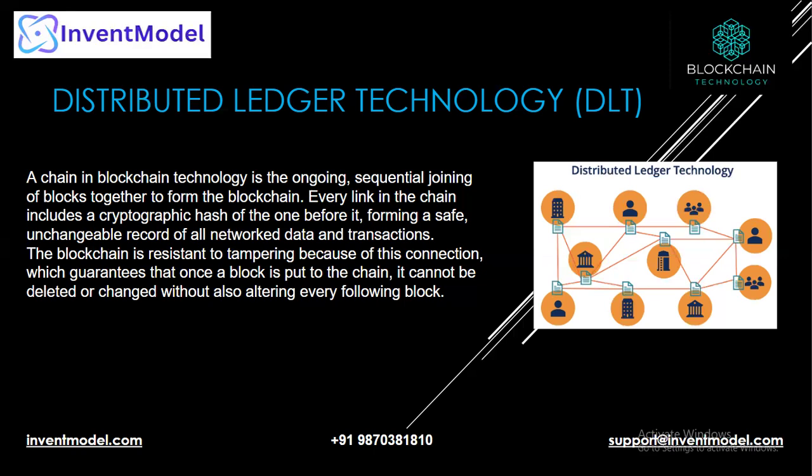Everyone can see the new block, the data of the new block, and whether it comes from the hash function of the previous block. By using this technology, distributed ledger technology is immutable, highly secure, and transparent. So transparency is on the top.